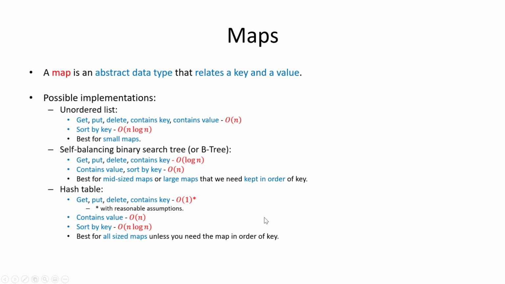Okay, which brings us to the topic of this video, which is hash tables. So hash tables, as we're going to see, have an implementation such that our contains key, our search, and then of course the other three operations that depend on it, get, put, and delete, all occur in constant time.